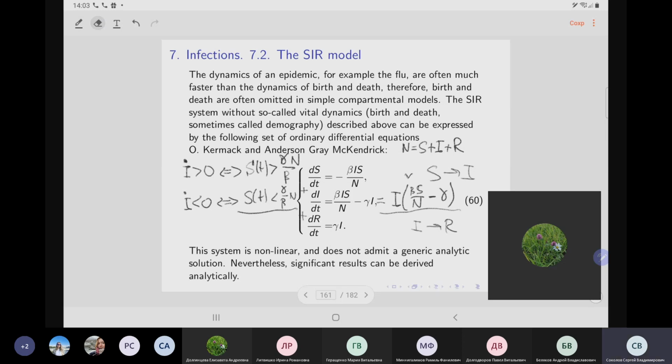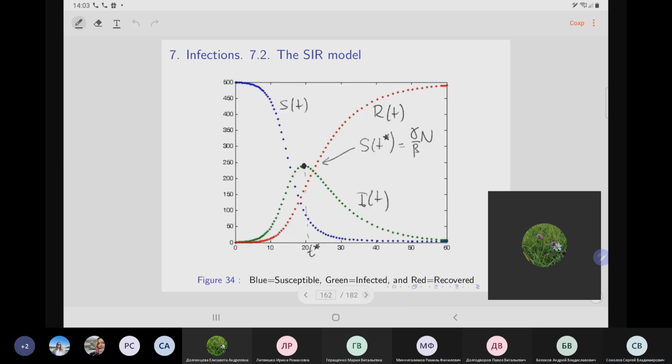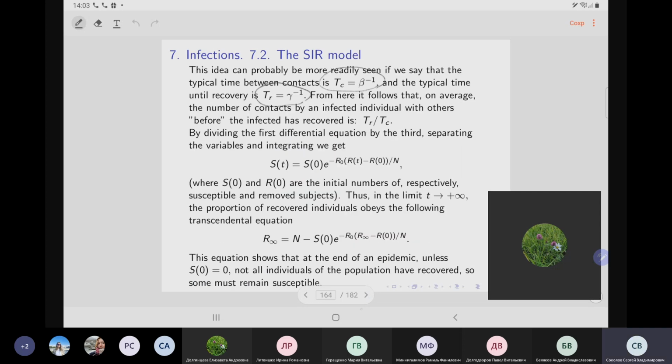If we divide the first by the third, we get dS divided by dR is negative beta S divided by gamma N. And we can integrate it, S as a function of R. After an integration, we get the following formula.